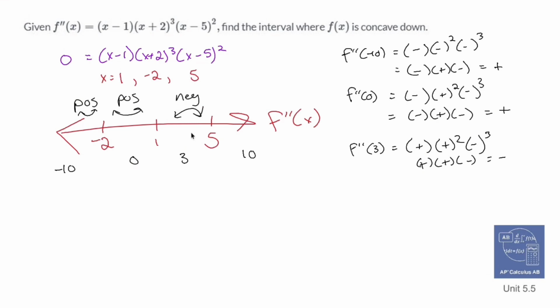How nice. And then if I plug in 10, I'm going to get 10 minus 1, positive. 10 plus 2, positive, squared, 10 minus 5, positive, cubed, giving me positive. So the only interval where this is concave down is going to be between 1 and 5. That's it.